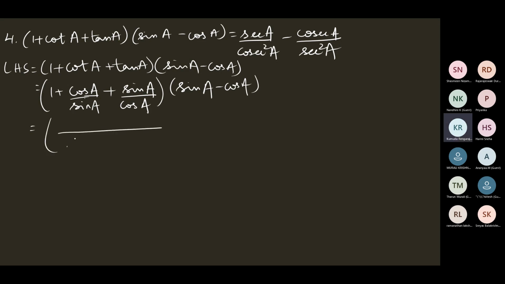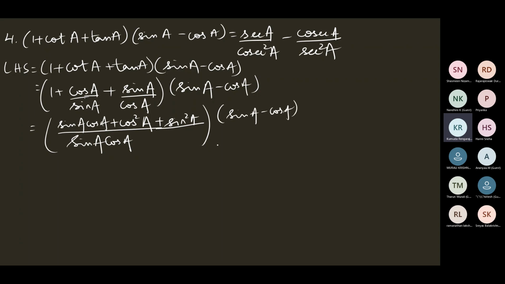Next step, LCM. Sine A cos A is the common denominator. So you get sine A cos A plus cos square A plus sine square A, into sine A minus cos A. Now this is very important: do not write sine square A plus cos square A as 1.